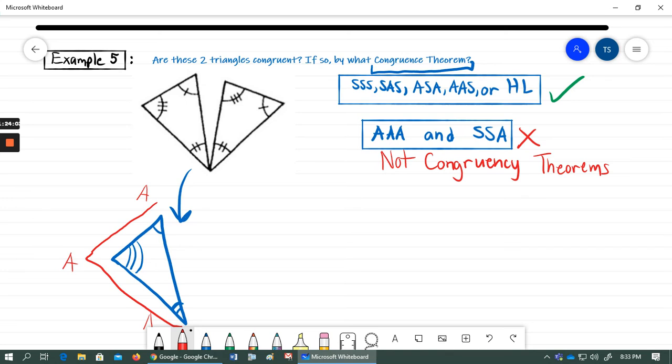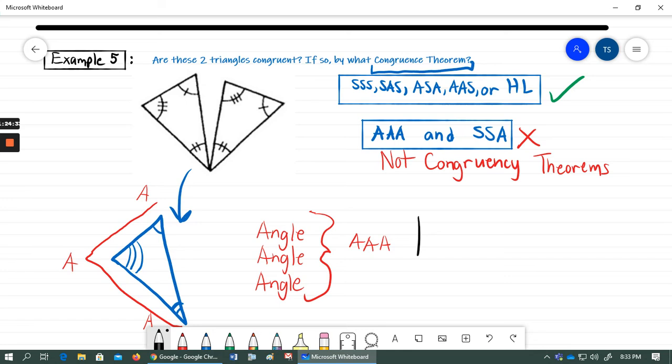Angle, angle, angle is not one of the congruency theorems. It's not something that we use to prove that 2 triangles are congruent. These two triangles here are not congruent.